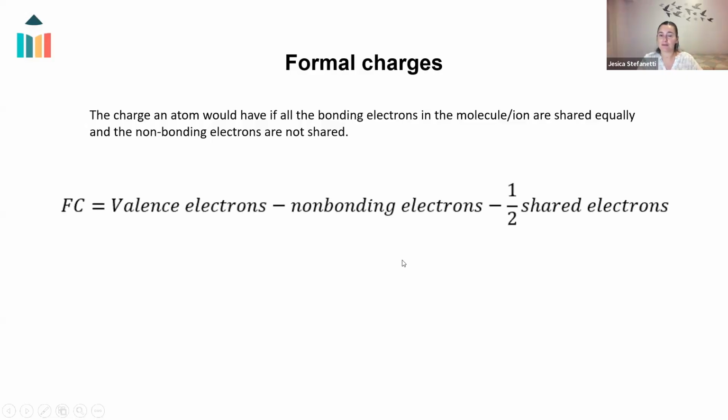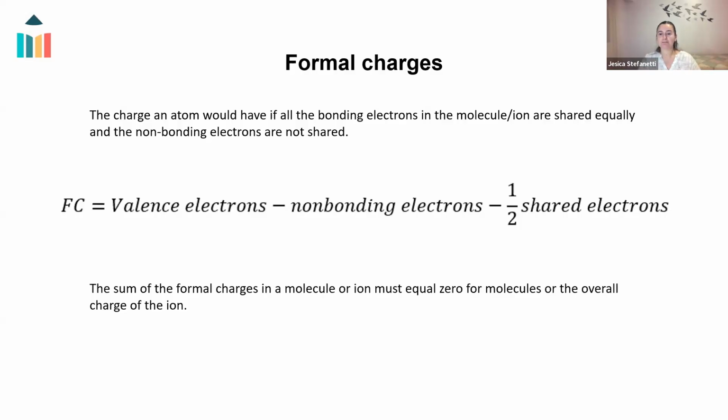We can calculate the formal charge over an atom by taking the valence electrons you have there, minus the non-bonding electrons, minus 1/2 of the shared electrons. This is useful because over a molecule, you can calculate the formal charge for each atom, and that will allow you to compare different Lewis structures.